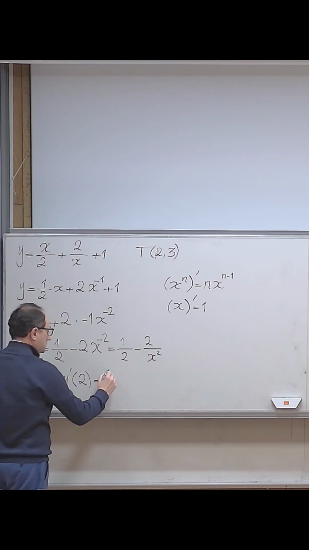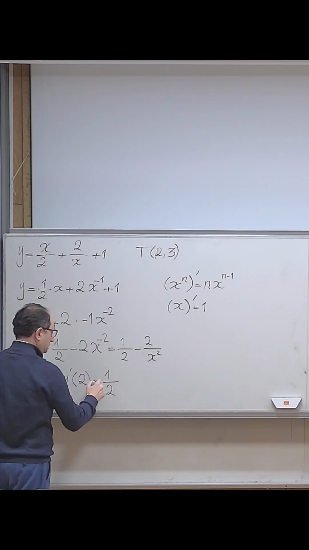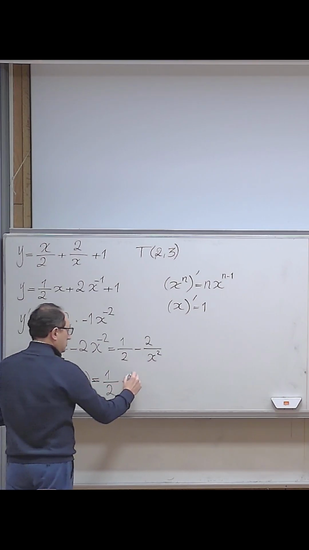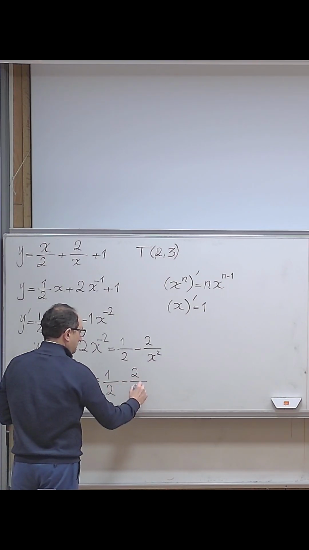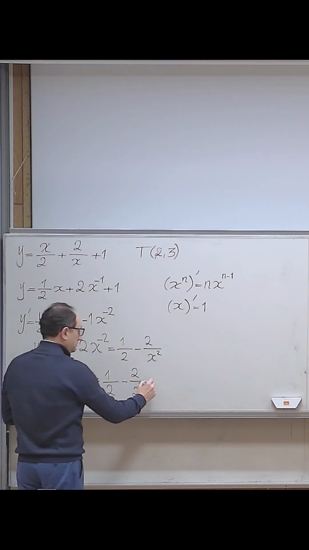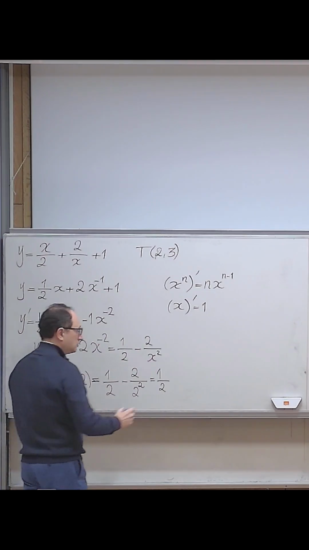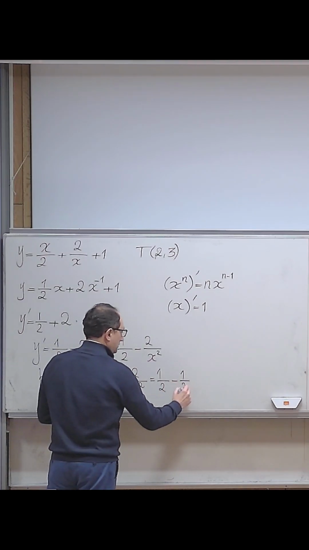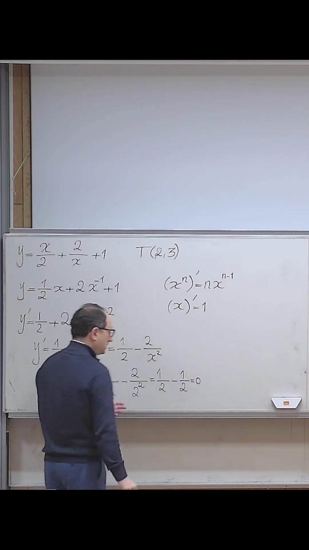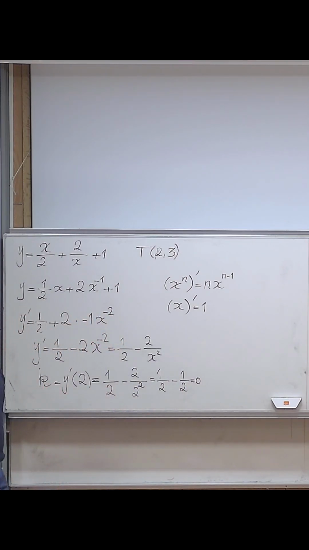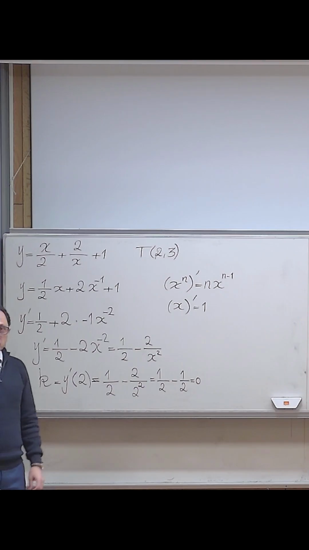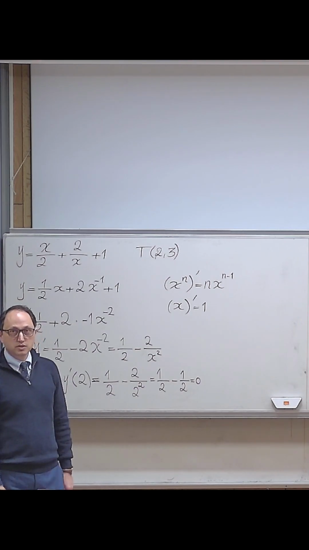So then it becomes 1 over 2 minus 2 over 2 to the power of 2. 1 over 2, 2 over 4, which is again 1 over 2, minus 1 over 2, which becomes 0. So this means that the slope of the tangent line is 0. If the slope is 0, it means the line is horizontal.